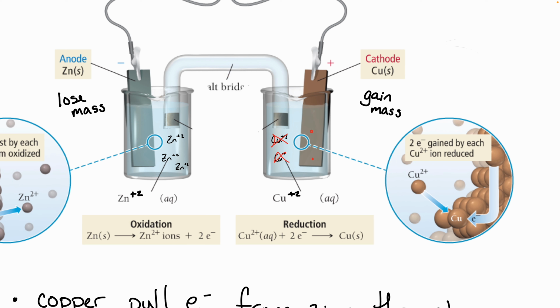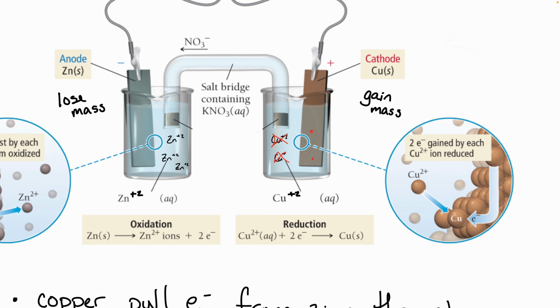So this middle bit right here is what's called the salt bridge. Your salt bridge contains some sort of soluble salt, in this case potassium nitrate. And what happens is, as this reaction occurs, we'll have negatively charged nitrate ions flowing into our anode in order to keep everything charge balanced.